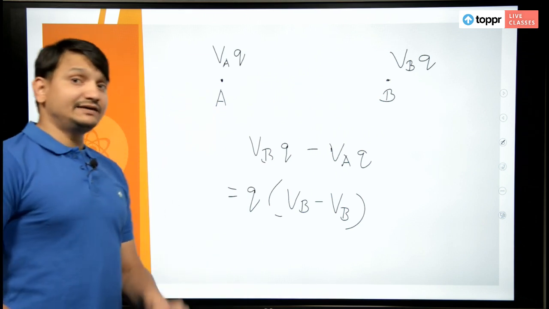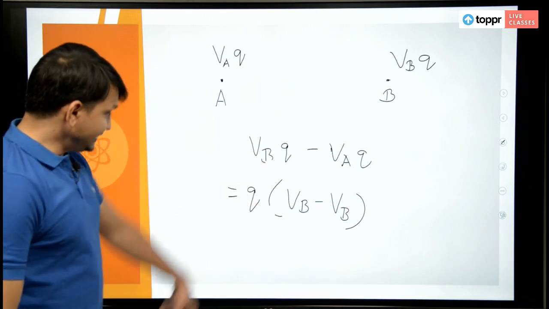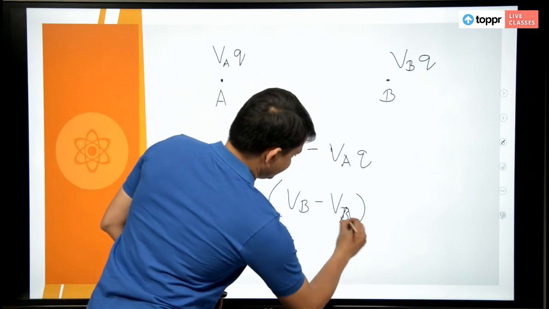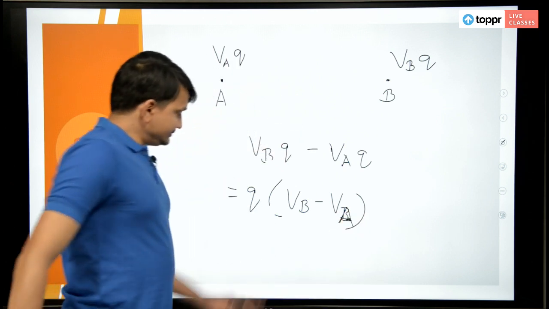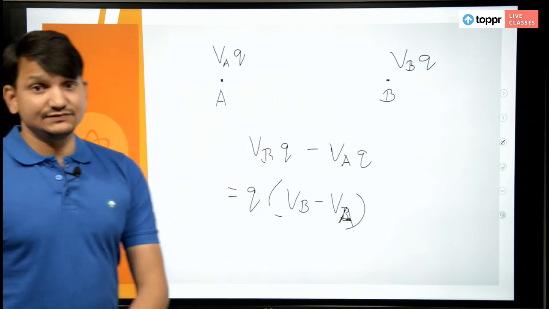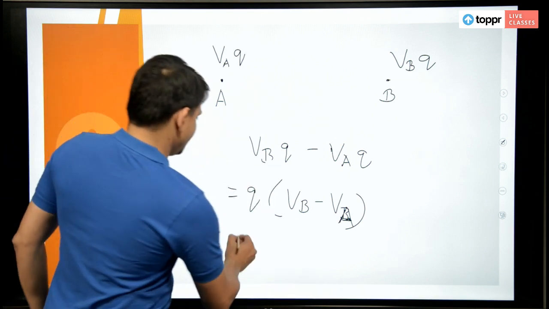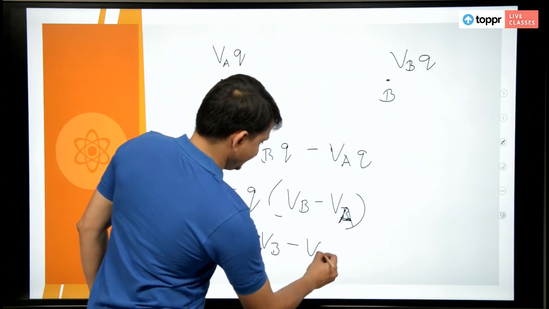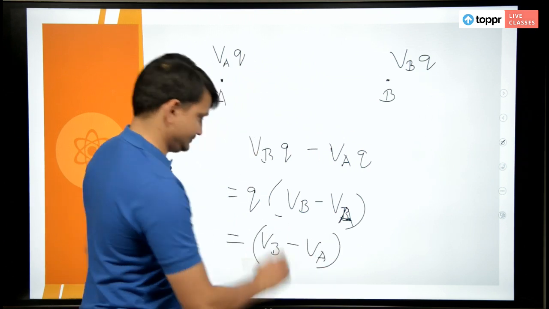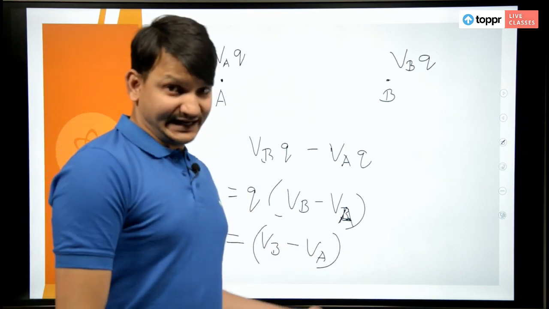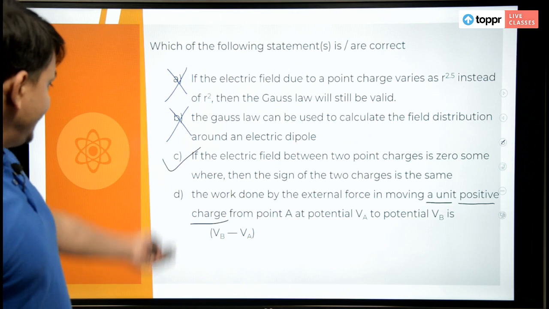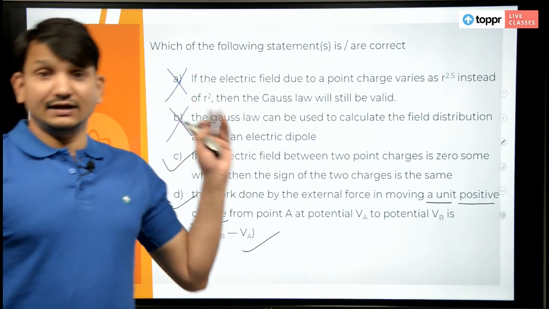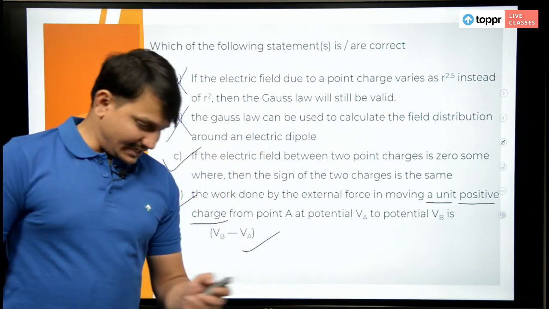Now we just said that we have a unit positive charge, so we can say that Q is plus 1. So we can rewrite it as VB minus VA. Let us see if it was the right expression. VB minus VA, yes, it was right. So both statements C and D are correct.